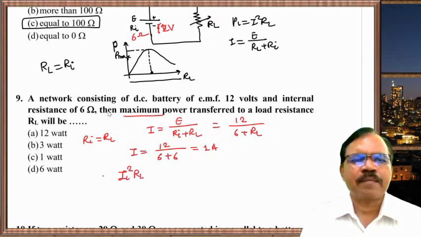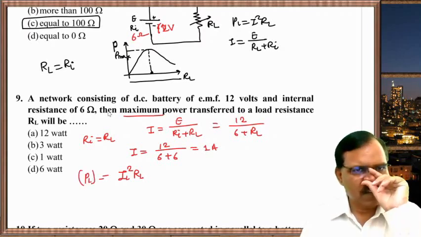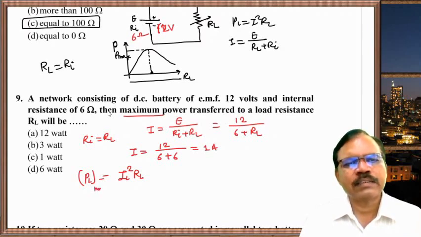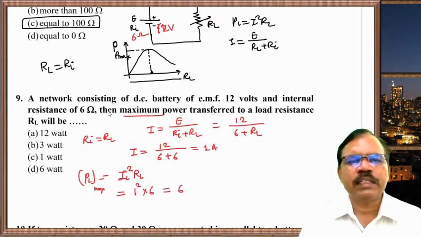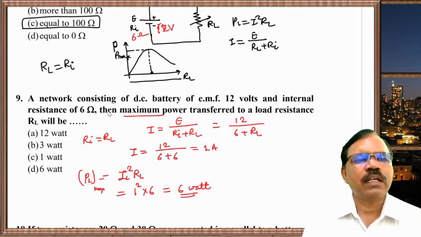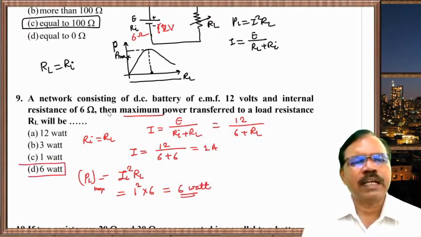Now since RL is equal to Ri, power is max. So we get here 1 square into RL, which is 6 ohm. So we get 6 watt. So here out of these, this last one is correct.